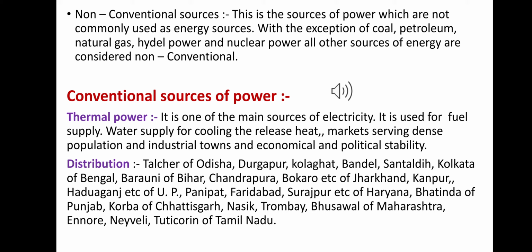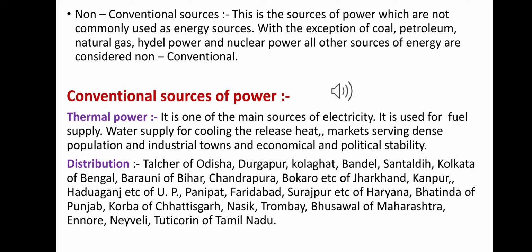Conventional source examples are firewood and fossil fuels like coal, petroleum, natural gas, etc. And non-conventional source examples are solar energy, tidal energy, wind energy, geothermal energy. Here you have to learn a few names of the sources and their advantages and disadvantages. Okay.